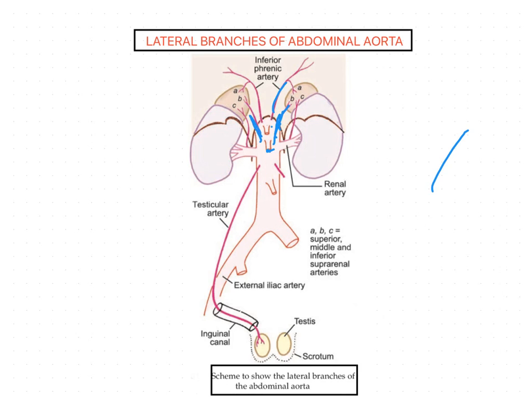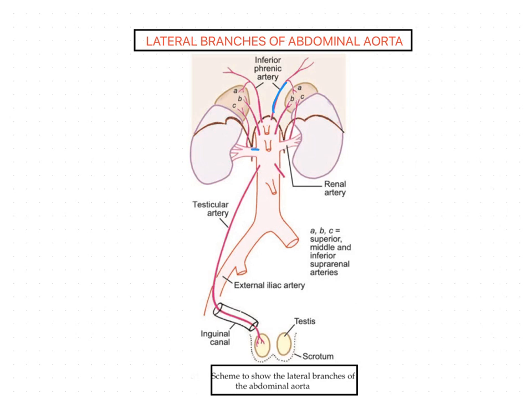The next important arteries arising on the lateral aspect of the abdominal aorta are the renal arteries. Renal arteries are large, and arise from the abdominal aorta just below the origin of the superior mesenteric artery.